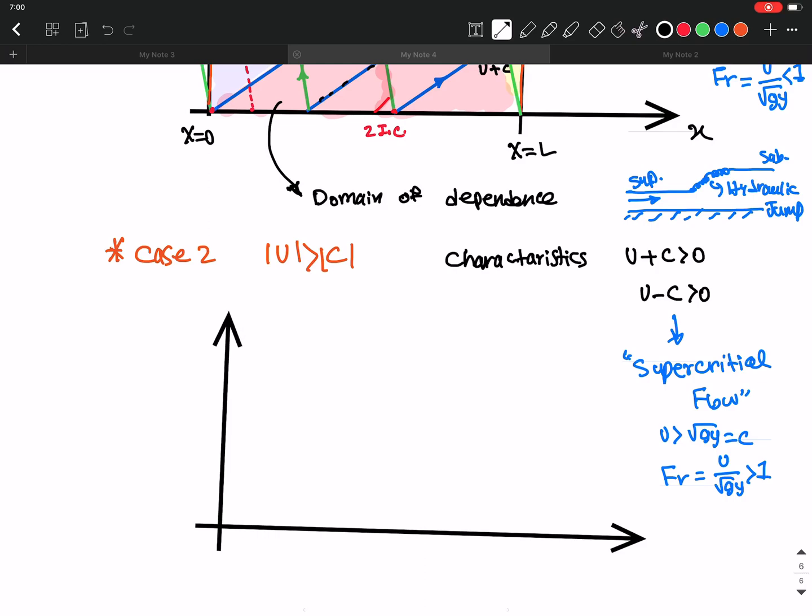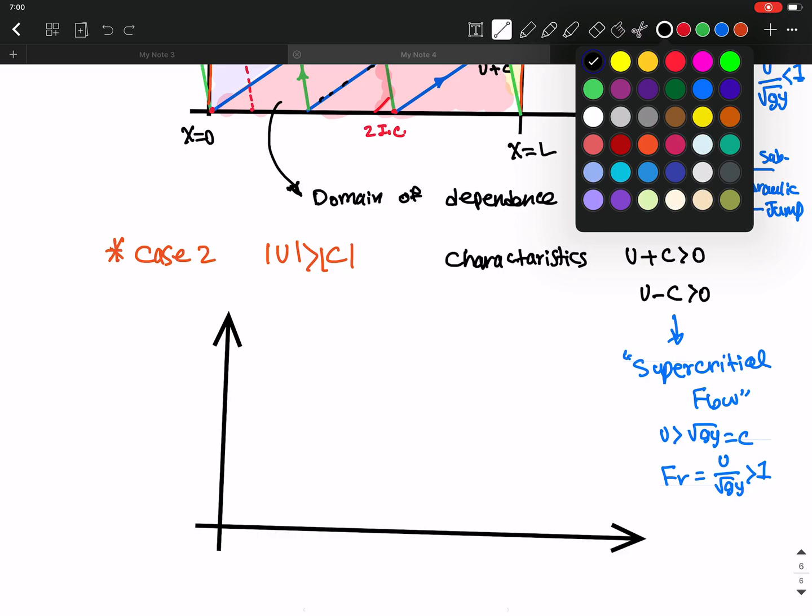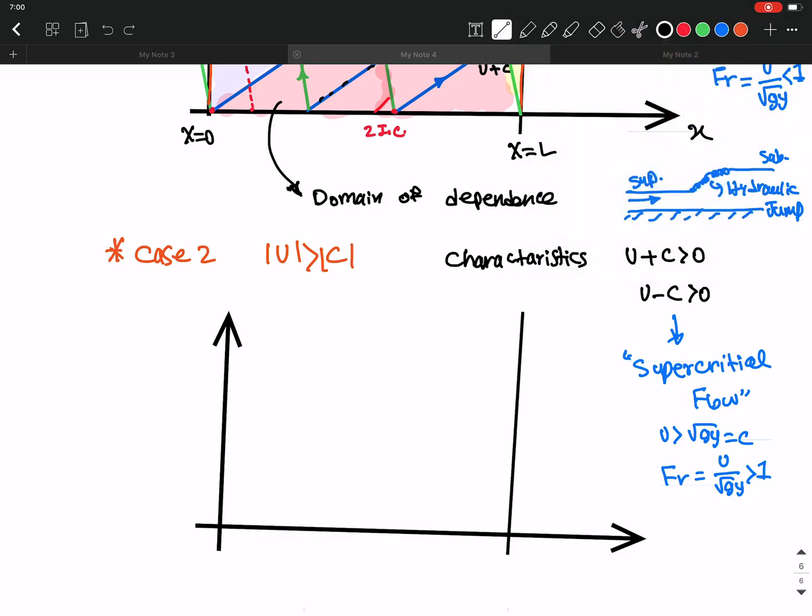Okay, so we have this one. This is going to be x again, this is going to be time, this is going to be x equals L, and this is going to be x equals 0.